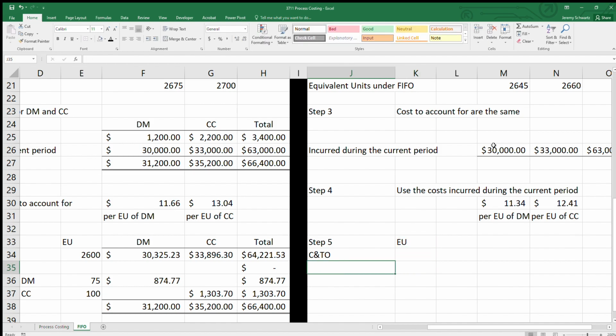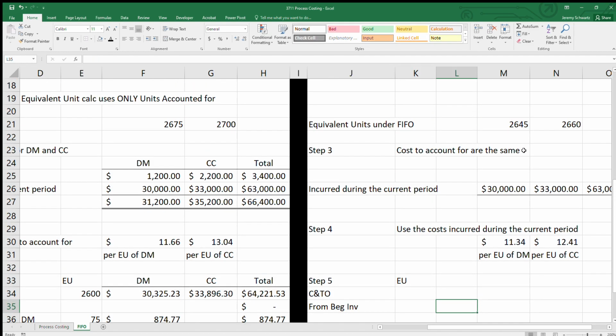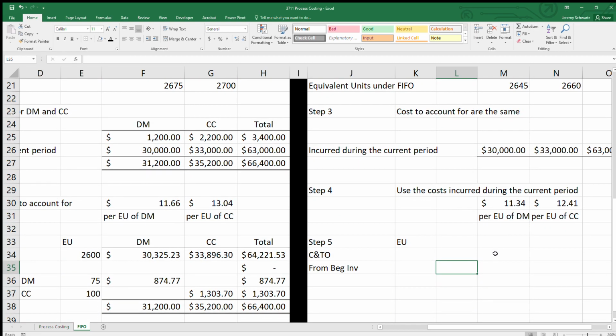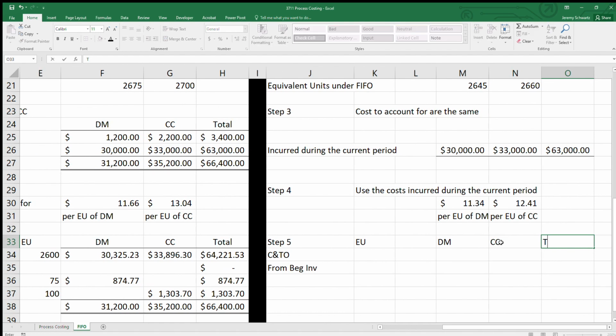So now we have from beginning inventory. So what we need to do then for direct materials and conversion costs in total, we are assuming that the costs from beginning inventory are going all the way through.